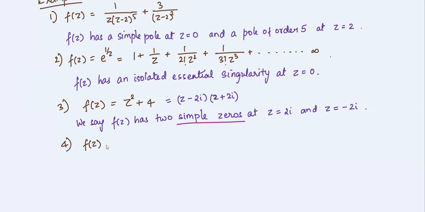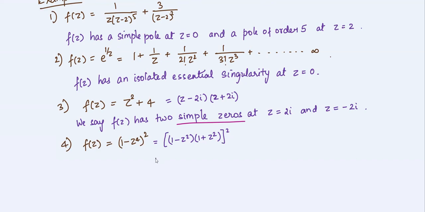Now, f of z is 1 minus z power 4 the whole square. Now this z power 4, see how we can simplify this. Let's look. This can be written as 1 minus z square into 1 plus z square whole square.